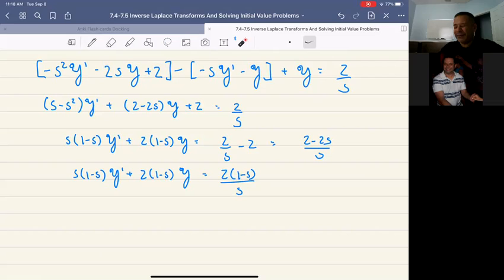Of course, I'm saying s cannot equal 1, but what does s equal 1 even mean for Laplace transforms? I'm not sure I know what that means.